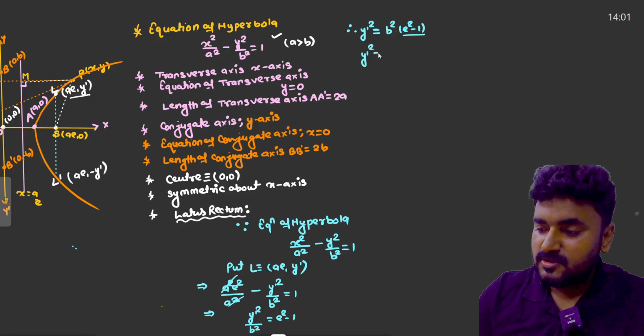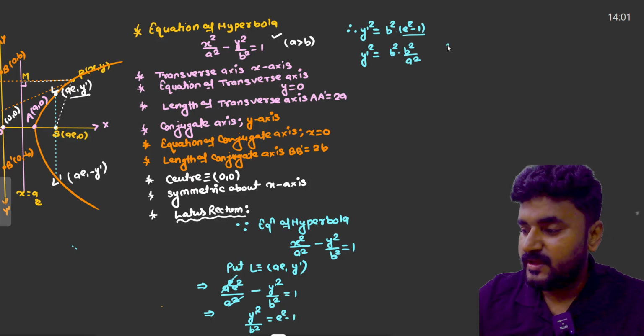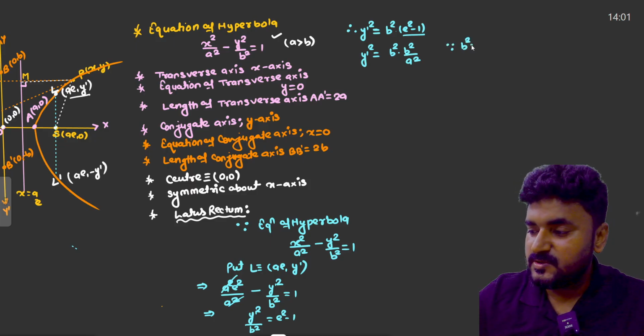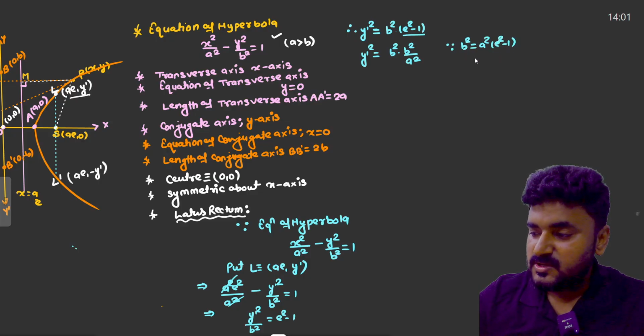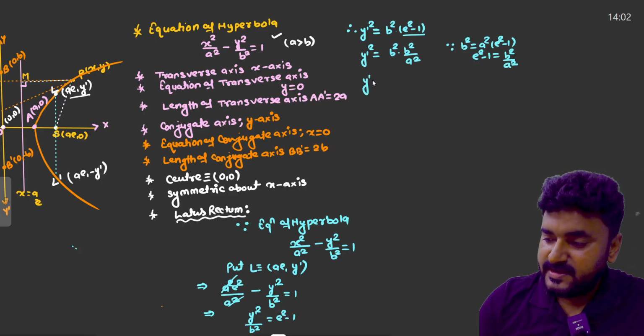So y dash square equals b square by a square. Why? Because you know b square equals a square into e square minus 1. So from here I can put e square minus 1 as b square by a square. Therefore this y dash value will come b square by a.